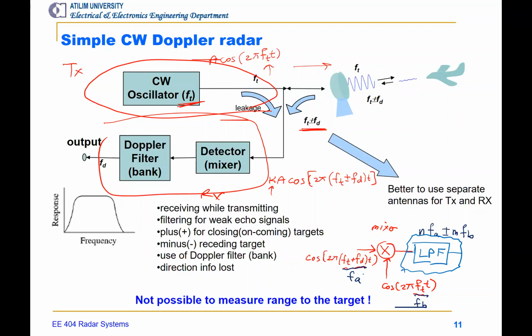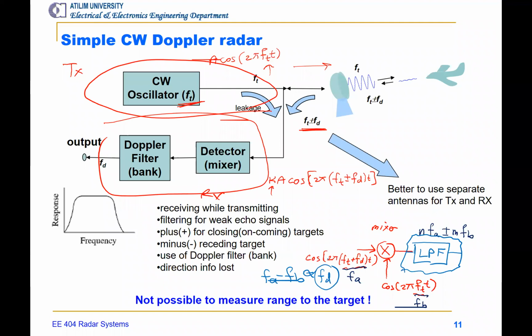So we simply get the difference, Fa minus Fb, which gives us what? Ft, right? The Doppler frequency.